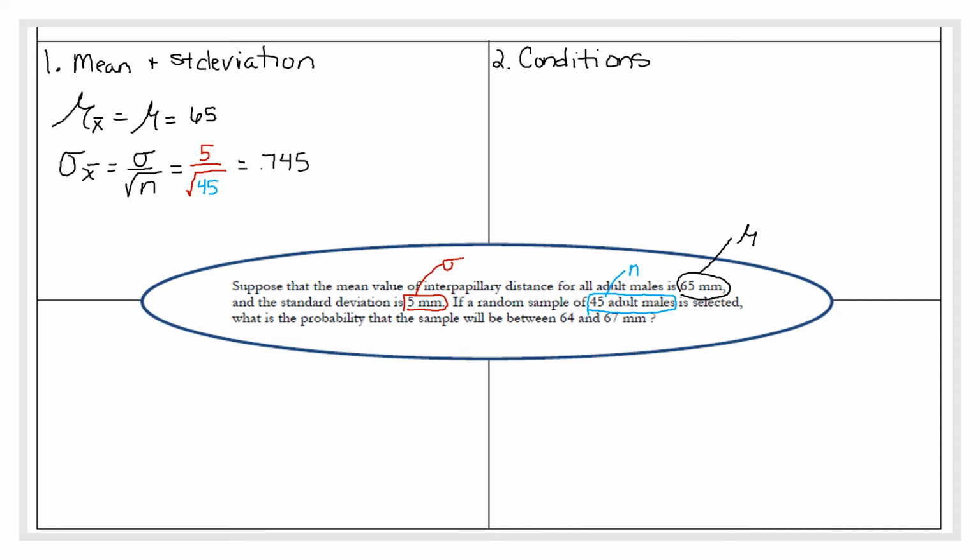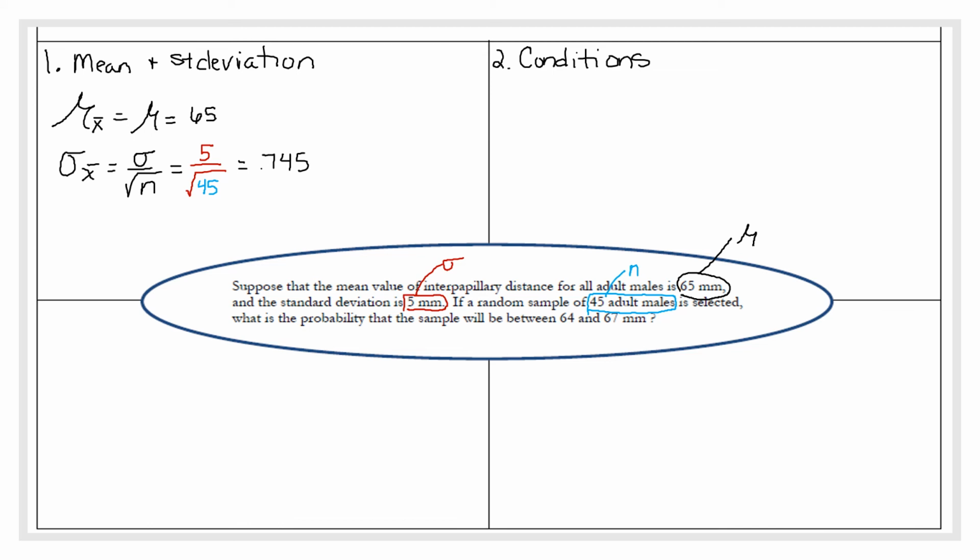It doesn't say anywhere in the problem that it came from a normal population, so we can't use option A. But we can look at option B because our n is 45.